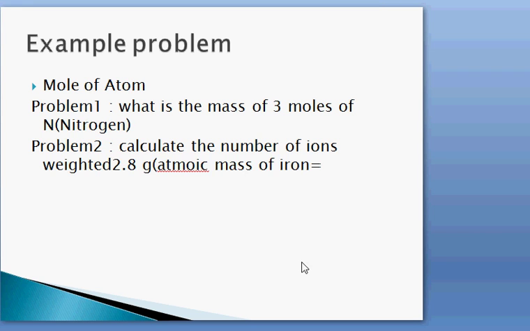Now friends, let's take some example problems, if you want some numerical formulations. First, the mole of an atom. Before starting the problems, we should know all the formulas.